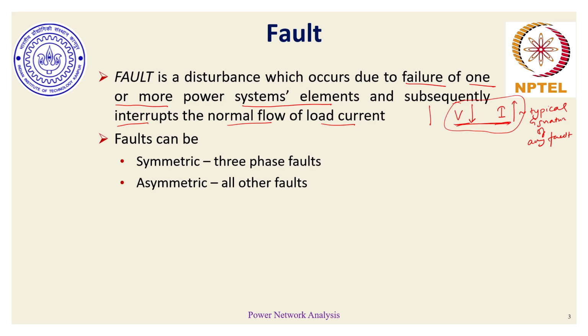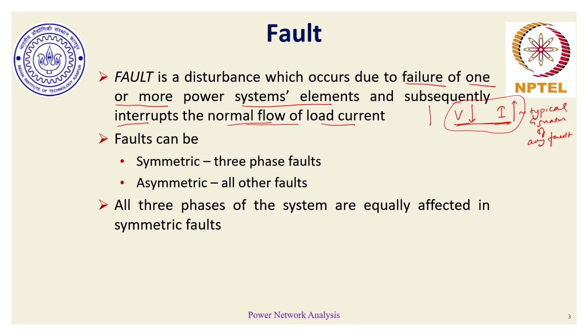So at the outset, having said that a fault is any disturbance that interrupts the flow of normal load current, the fault can again be categorized into two classes, one being the symmetric faults, the other being the asymmetric faults.